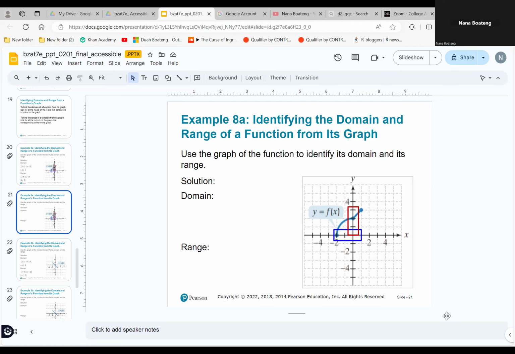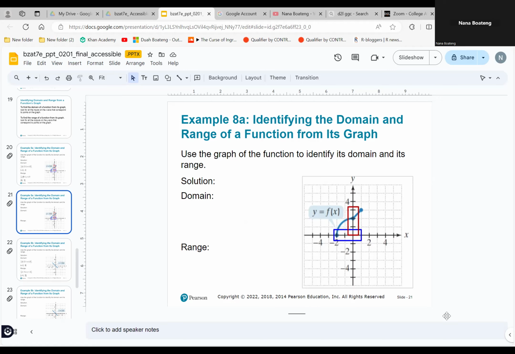So the domain of this function is between -2 and +1.